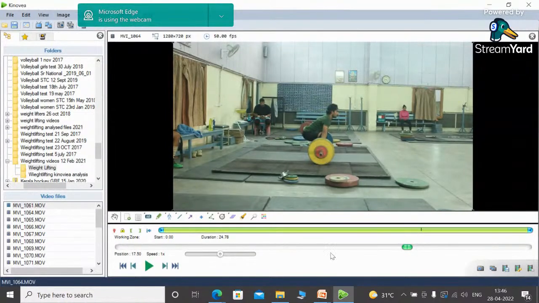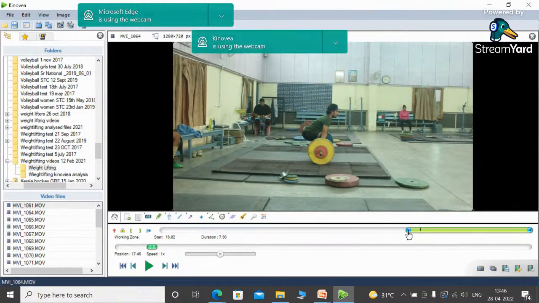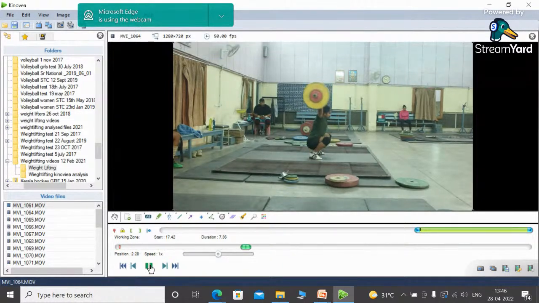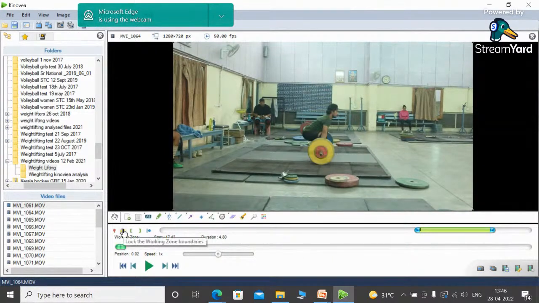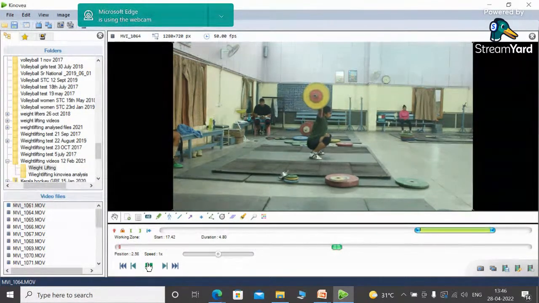So I can lock this area, and I'll basically lock this so that only this area is played again and again. So you already know about this.